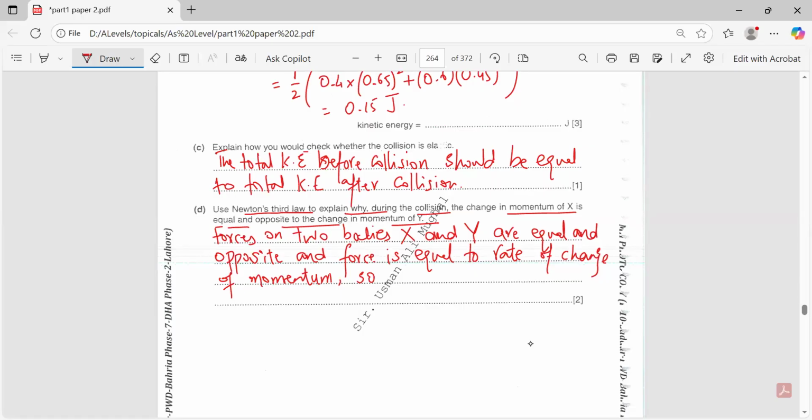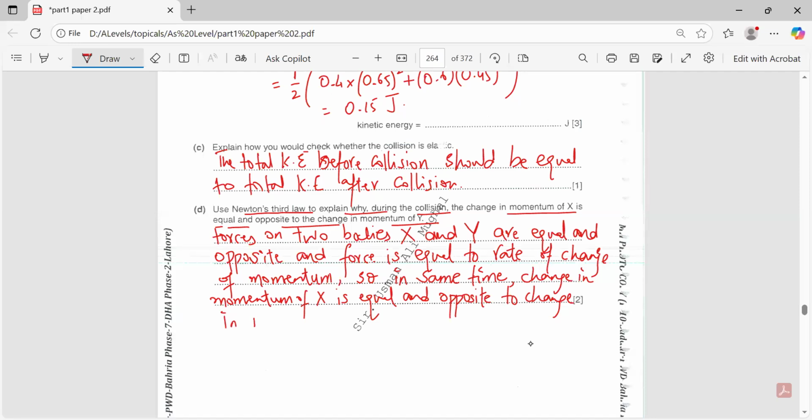So as the forces are equal, in the same time, the change in momentum of x is equal and opposite to the change in momentum of y. Okay, this is all related to this formula F is equal to delta P over T.